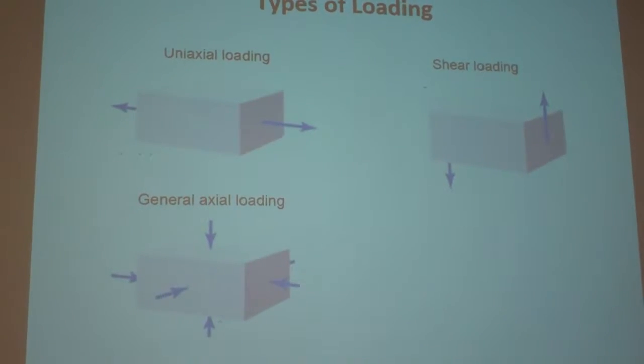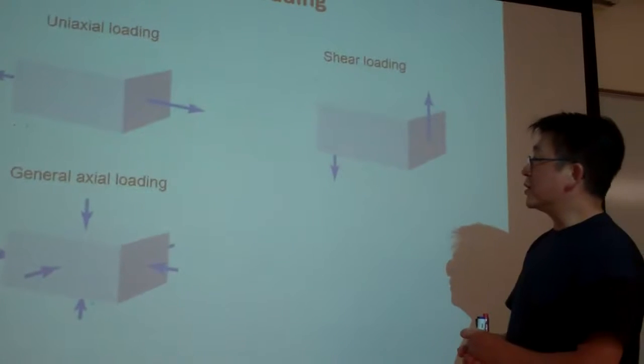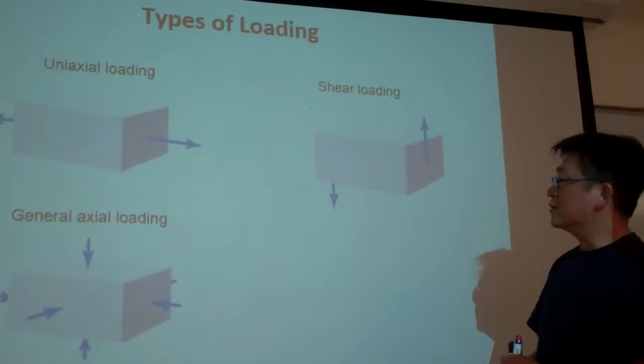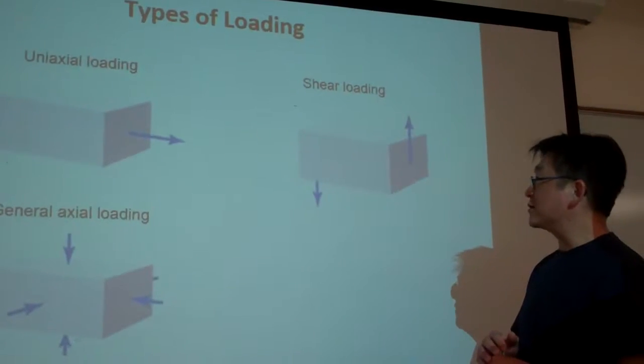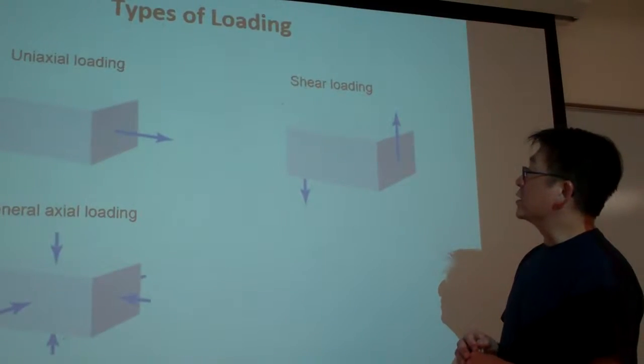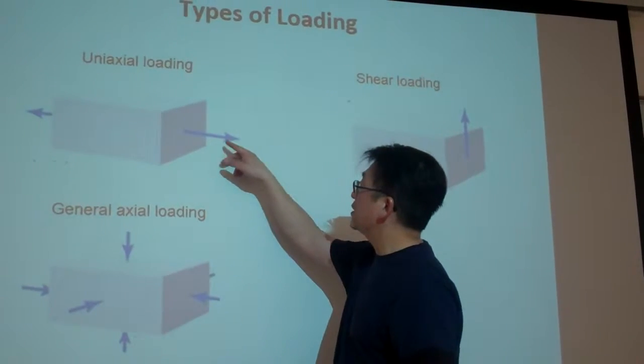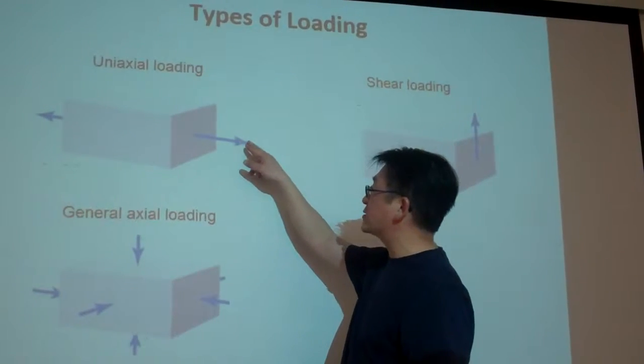Before we introduce the types of stress, here I give you in general how we can classify the loading. The first one is normal loading, sorry, it's called the uniaxial loading.